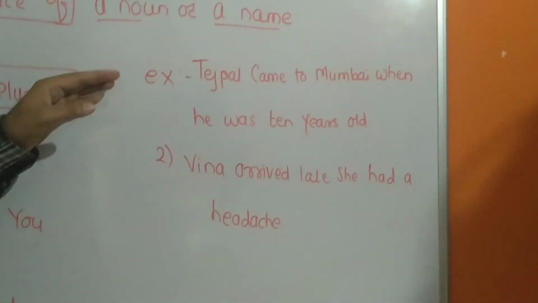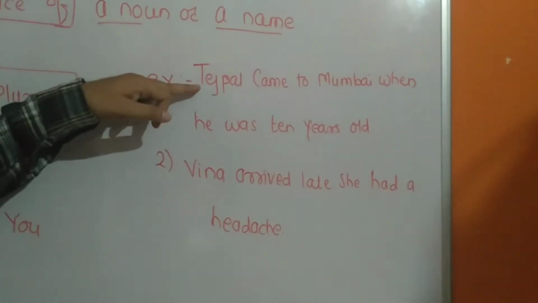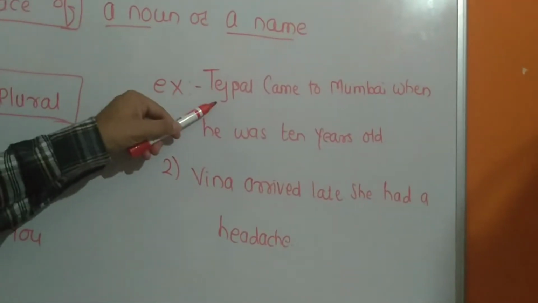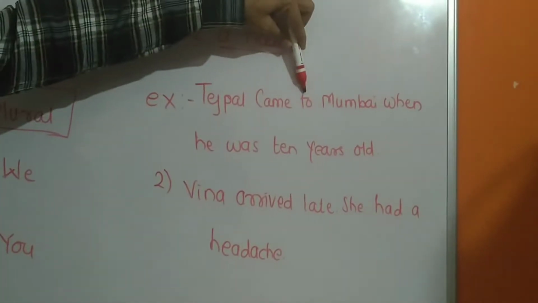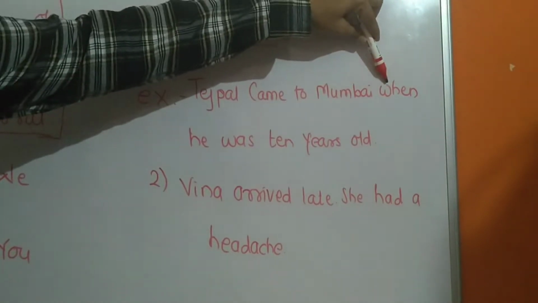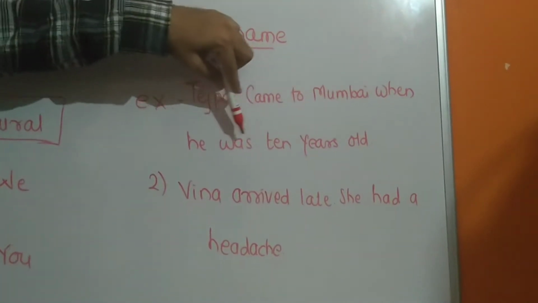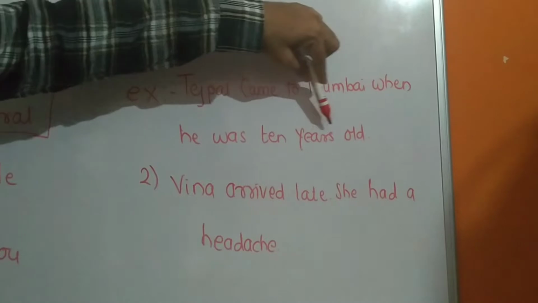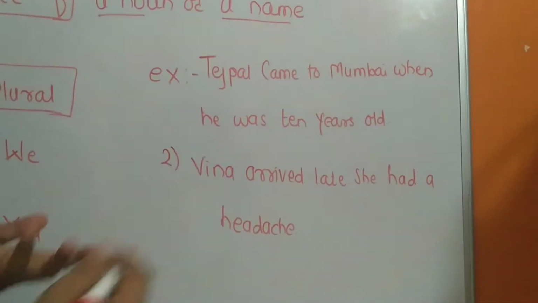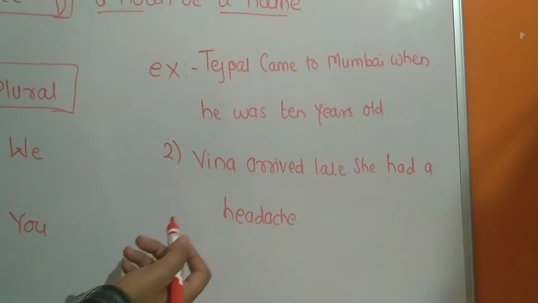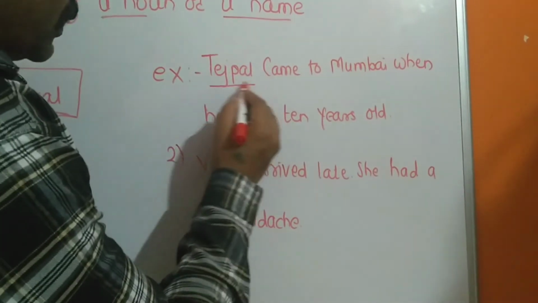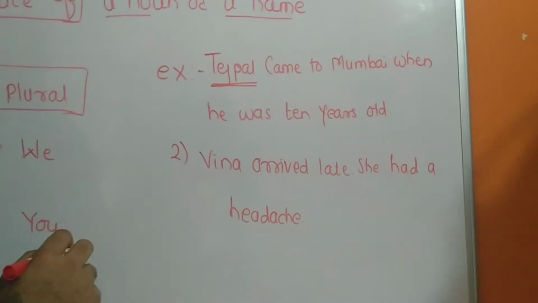Now dear student, the first example is Tejpal. Tejpal came to Mumbai when he was 10 years old. In this sentence, Tejpal is the name of a person.